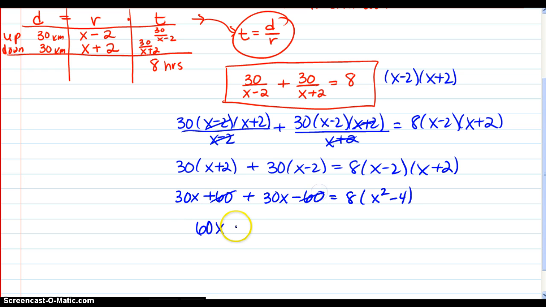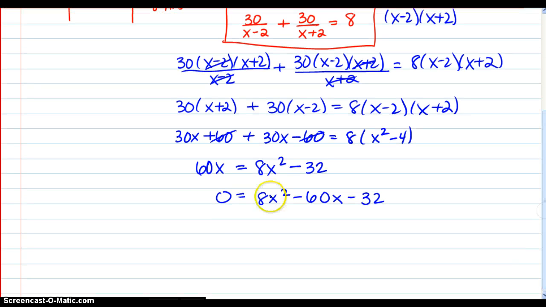Those 60s cancel. On the other side, I'm left with 8x squared minus 8 times 4, which is 32. So I notice again I have a quadratic. When you have a quadratic, you want to get all of your values to one side, set them equal to 0, and you want to start factoring.